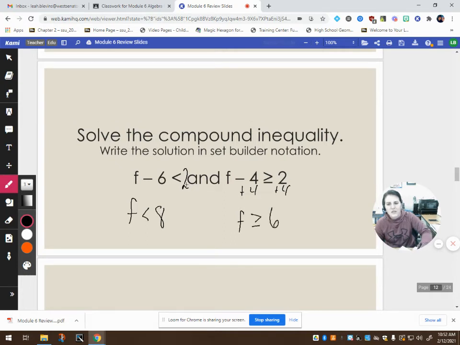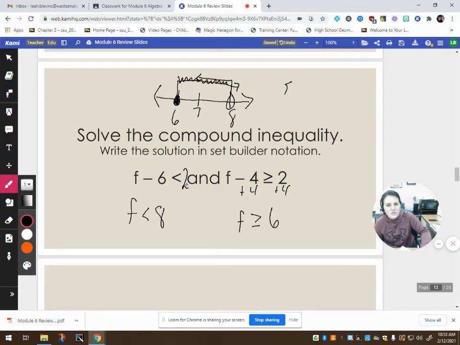So let's think about this. We're looking for values of f that are less than 8, and at the same time, they are greater than or equal to 6. So what numbers meet that criteria? Everything right here in this overlap, right? Starting at 6 and going up to, but not including 8.